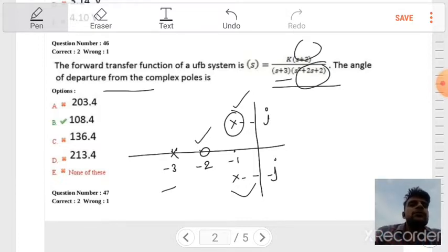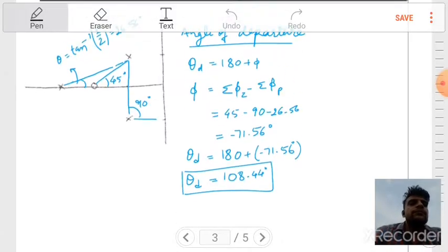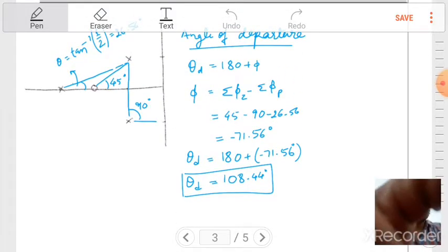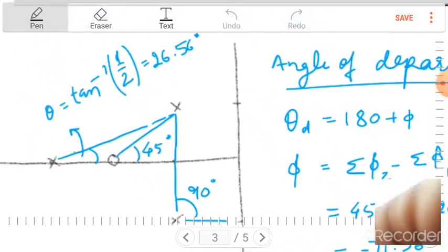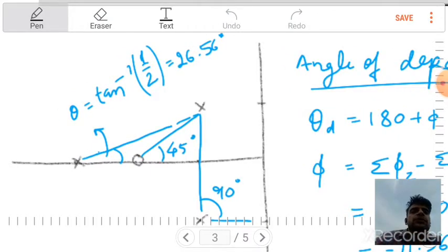So this is the root locus plot, and with this plot we will find the angle of departure. So this is the diagram. From here we will find the angle of departure.